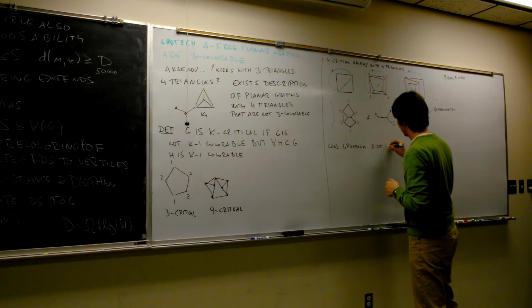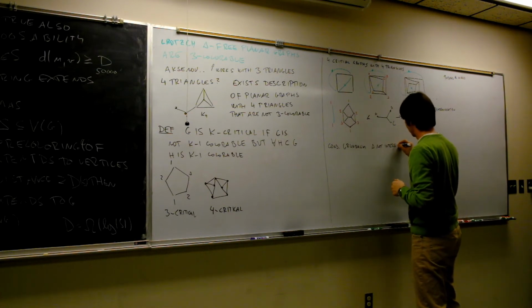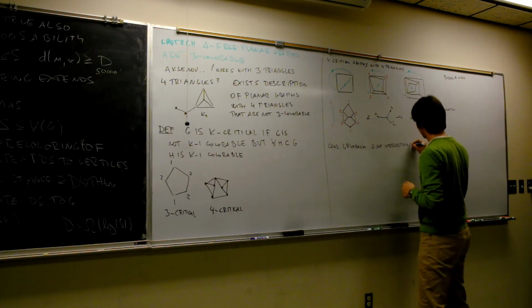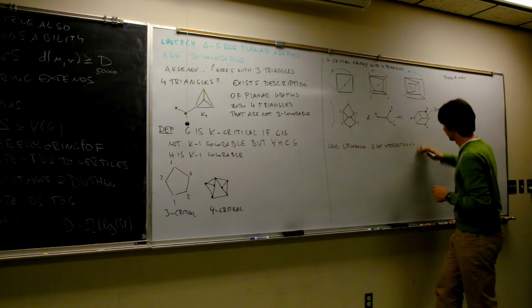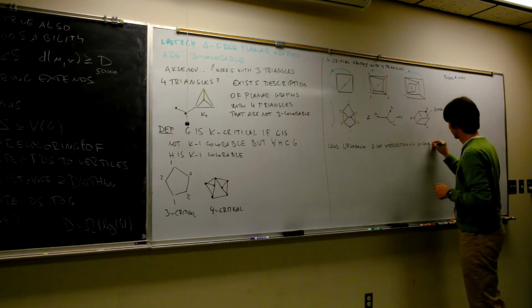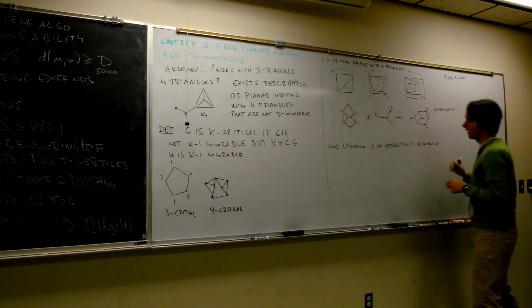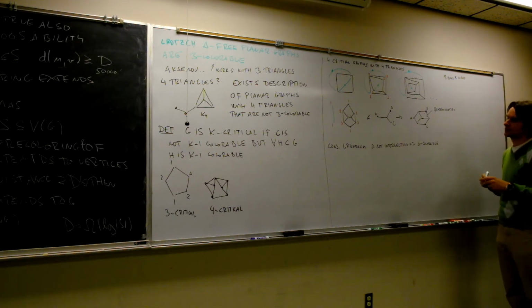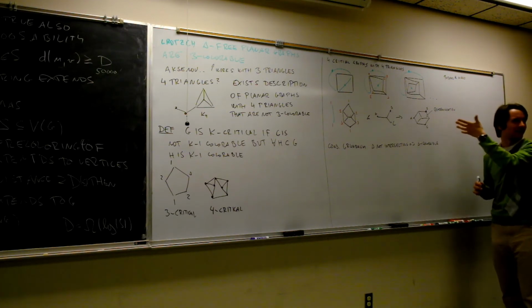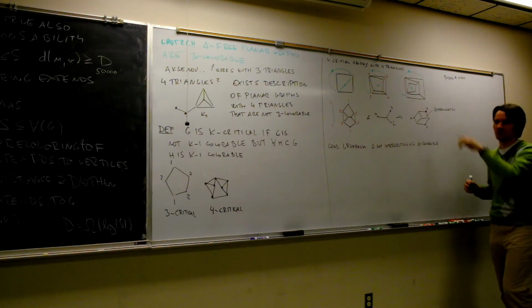Triangles not intersecting implies 3-colorable. And that's not true. You can already make examples from what I drew here.